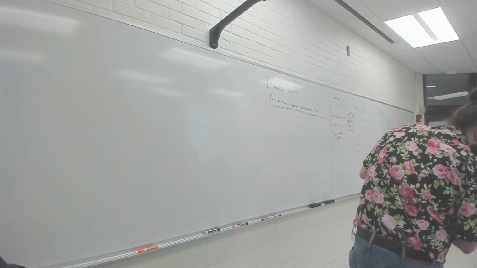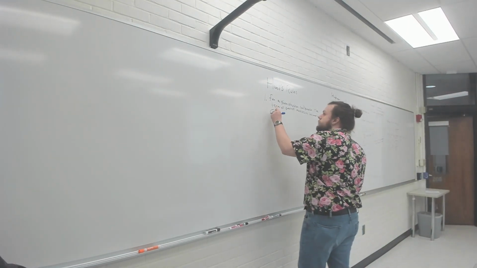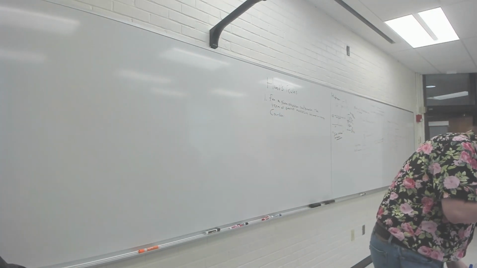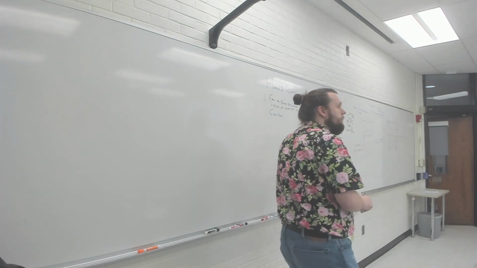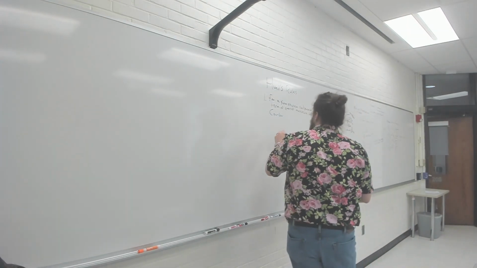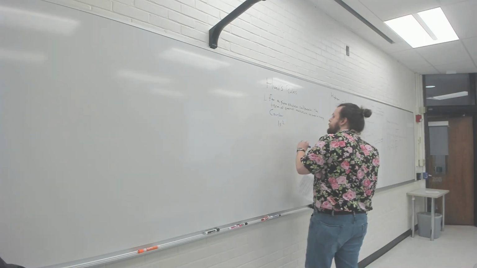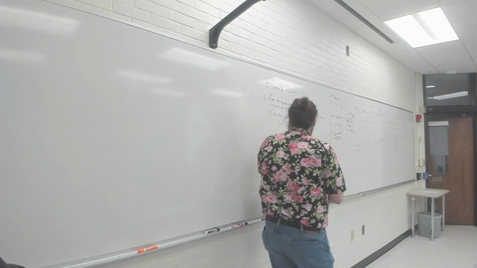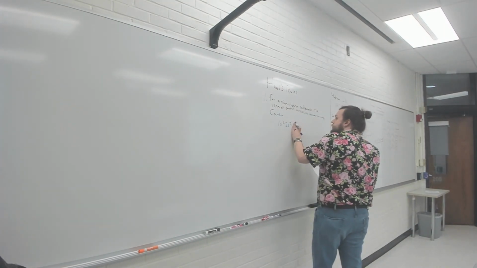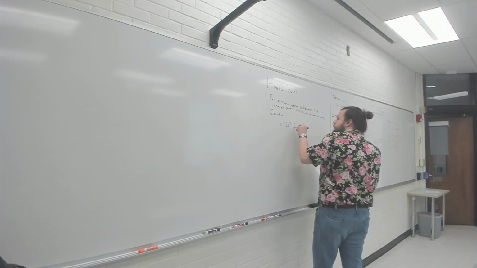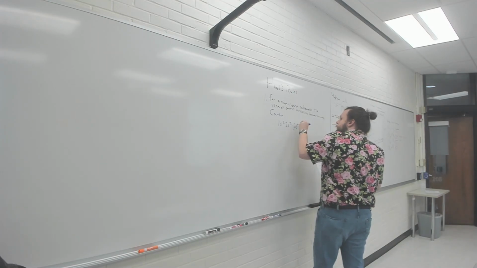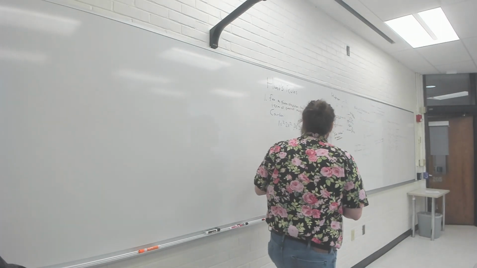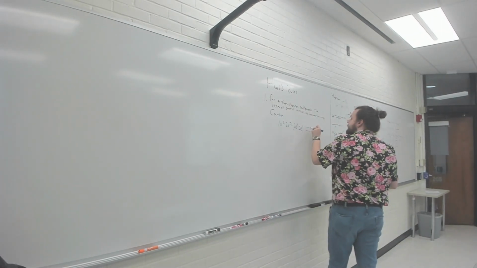So let's look at carbon. There are two different ways to build carbon's electron configuration. 1s2, 2s2, and then we have 2 electrons left. There are 6 electrons in carbon. We could have 1 electron in one p orbital and 1 electron in another. So that would look like this.